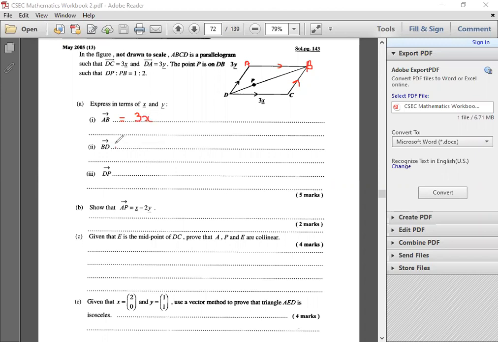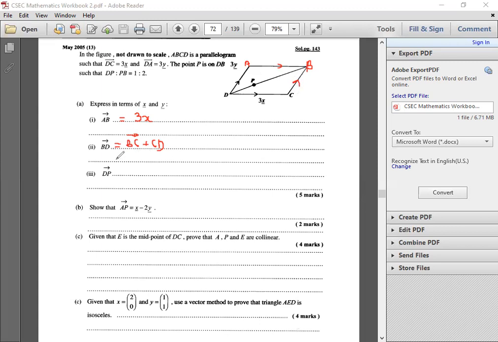And BD would be from B to C and then from C to D. And we're moving in the opposite direction.